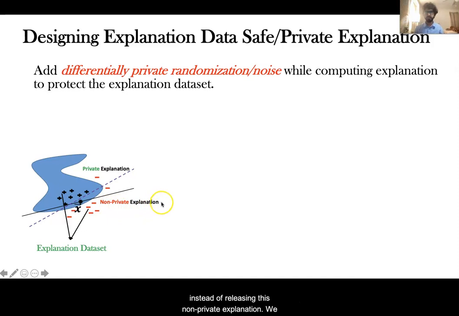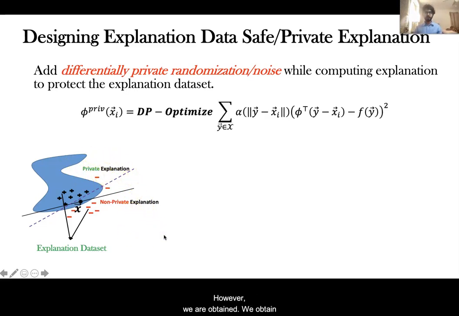So instead of releasing the non-private explanation, we would release this private explanation, which contains some noise. We obtain this privacy by solving an objective function using a differentially private optimizer.